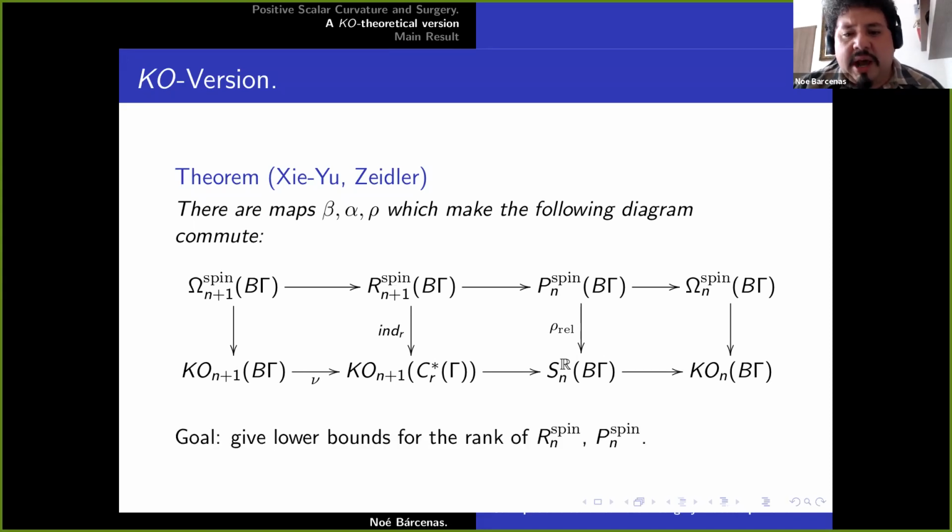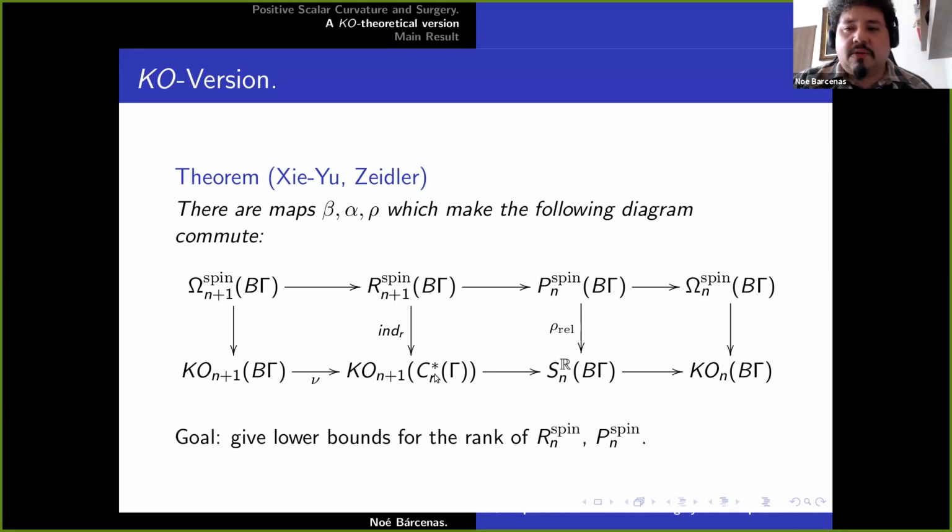So the goal now is to give bounds of Rn and Pn by using the KO theory of classifying spaces, and some positive knowledge about the Novikov assembly map, which boils down to positive knowledge about the Baum-Connes assembly map.